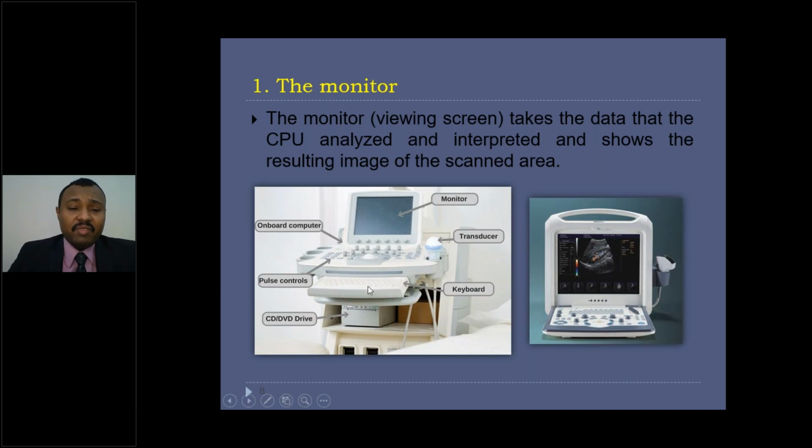And we should have a keyboard to communicate with the ultrasound machine, to enter information, and the machine will translate this information so that the image is presented in analog mode on the monitor.